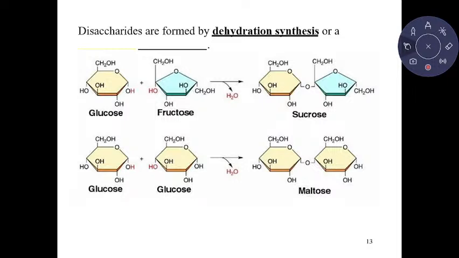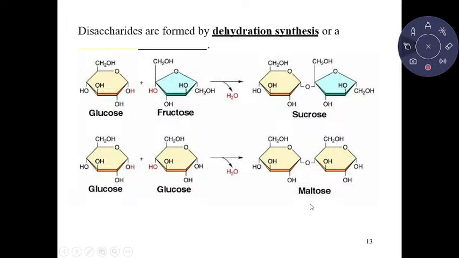Coming to the maltose molecule, maltose is a malt sugar. Two glucose molecules are held by an alpha 1 to 4 glycosidic bond. See here, there is the maltose molecule.